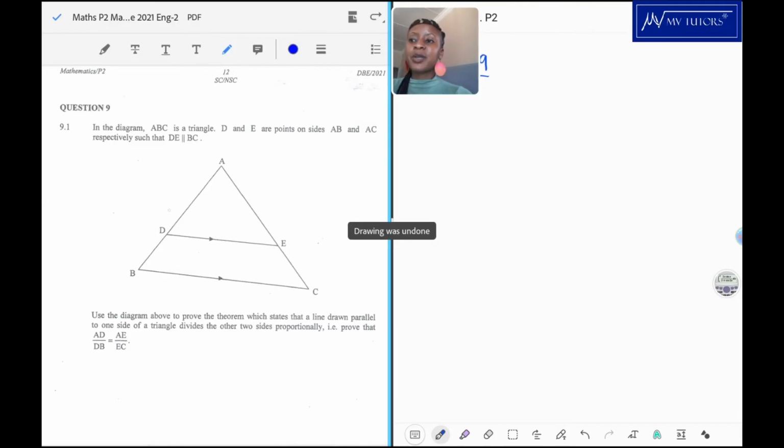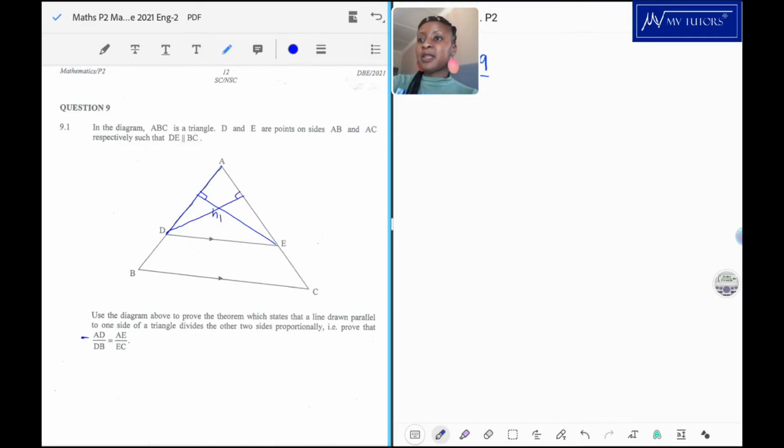So if I'm gonna look at triangle ADE, and I'm sort of trying to get the AD portion. Okay, so if I look at this triangle ADE and I'm looking for a perpendicular height, if I wanted to end there at E, I will get something like that, of which I'm gonna name this as my H1. Okay, and if again I want to look on the other side, AE being my base, the perpendicular height will actually be something like that.